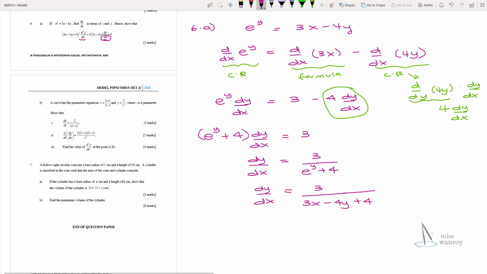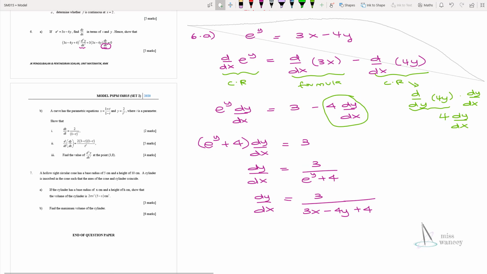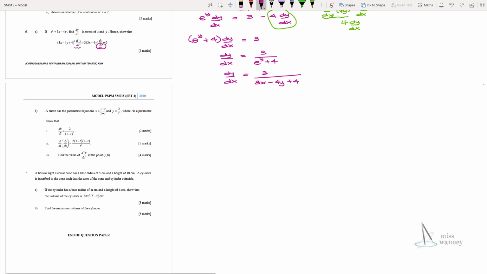Okay, so let us differentiate this to get the second derivative, because we have to prove them later on. Sekejap saya kecilkan sikit baru kita prove lah. Okay, so let us differentiate this again to get the second derivative. Okay, so let me choose dy over dx.